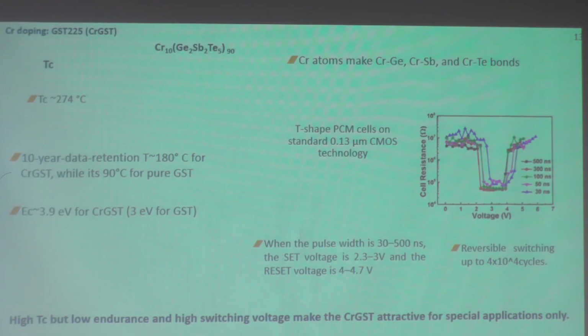The performance of such PCM cell based on these materials was also measured, and the set voltage was achieved with pulse width between 30 and 500 nanoseconds, but endurance in this case was not as large as we want. But high TC, low endurance and high switching voltage make chromium GST suitable for maybe some special applications.